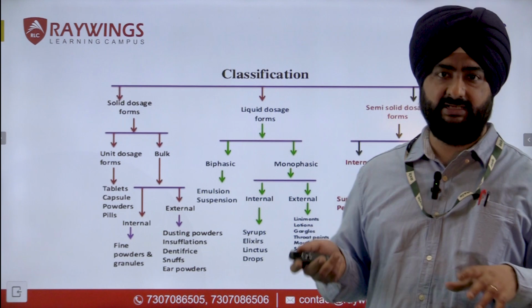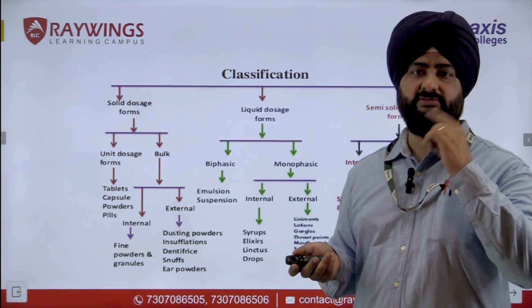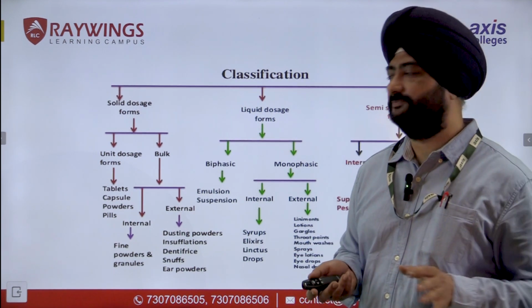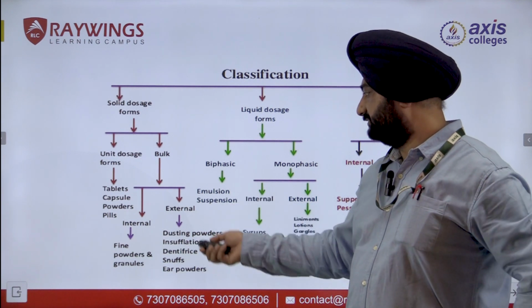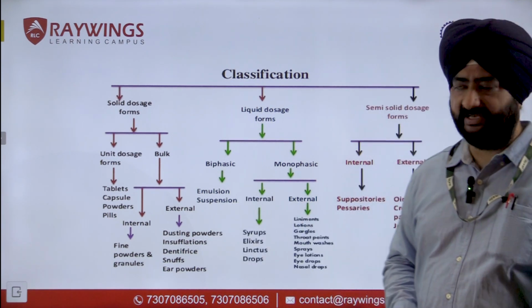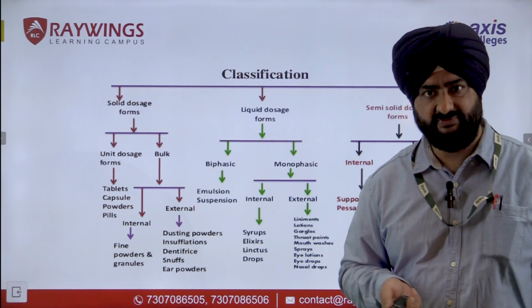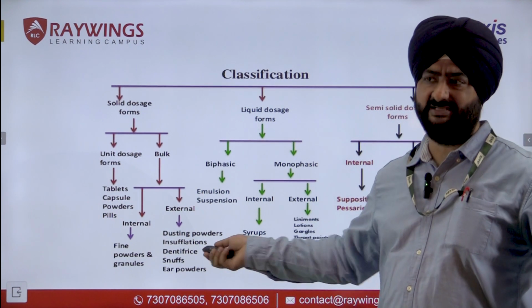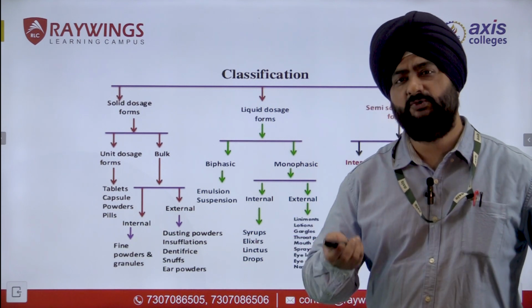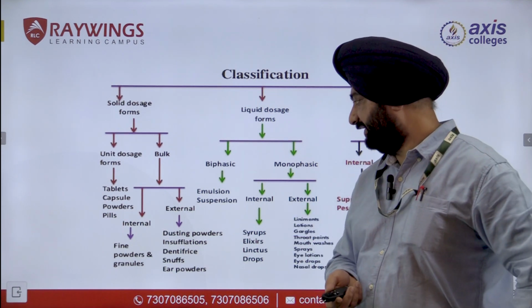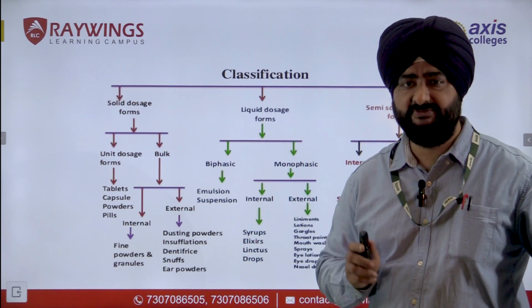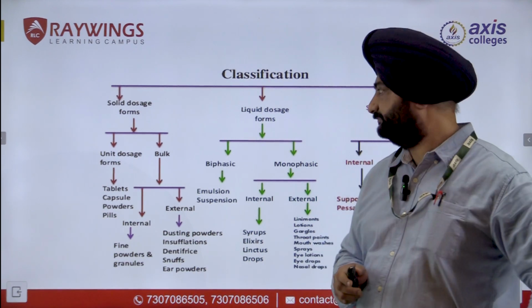We may apply it topically or in the mouth cavity only, not to swallow. So in internal dosage forms, there are fine powders and granules, and in external dosage forms, we have dusting powders, insufflations, and dentifrices. Dentifrices means tooth powder and toothpaste, right? We don't swallow tooth powder or toothpaste. We only apply it on the teeth.